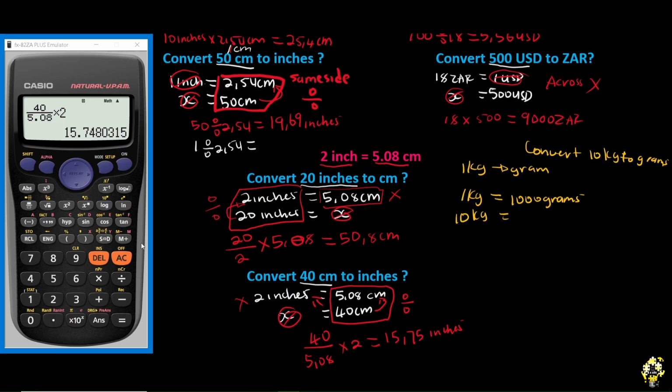And then under grams, do I have them? No, I don't have them. I'm going to put an X. What did I say you should cancel? Well, by now you know. When you know, you know. If they are sitting across, what do we do to them? Again, when you know, you know. And that is supposed to give us 10,000 grams. So that's just about that.